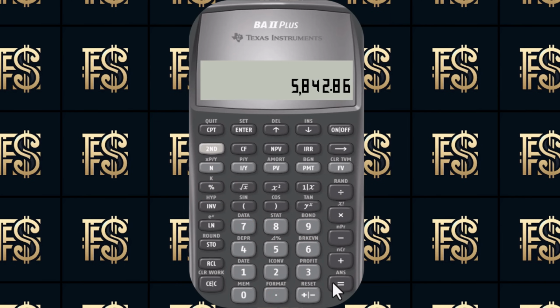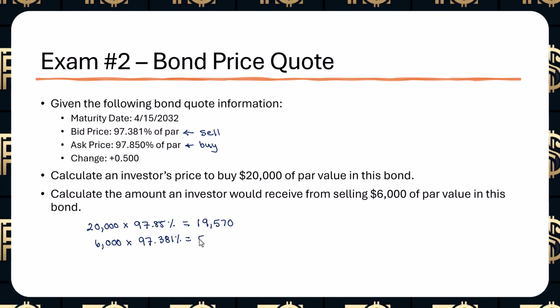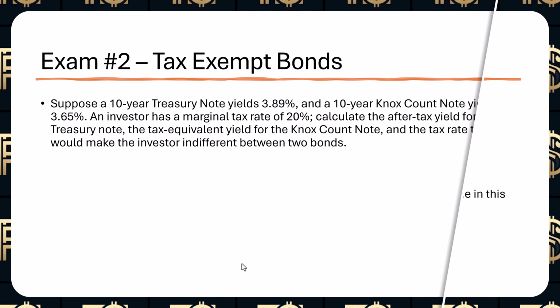And we find that they would receive $5,842.86 if they were selling the $6,000 worth of par value.